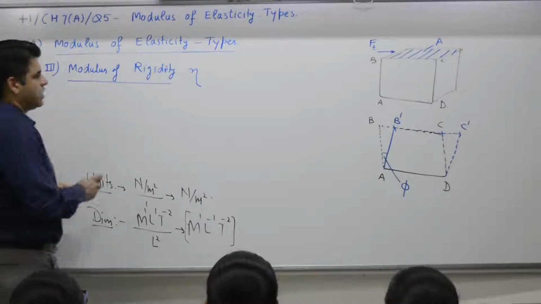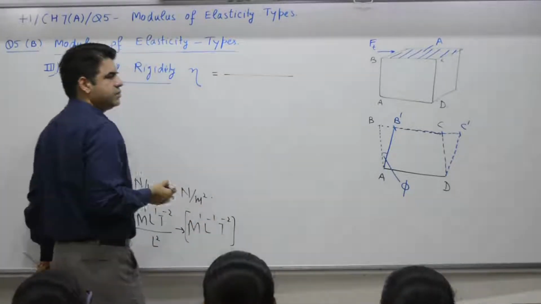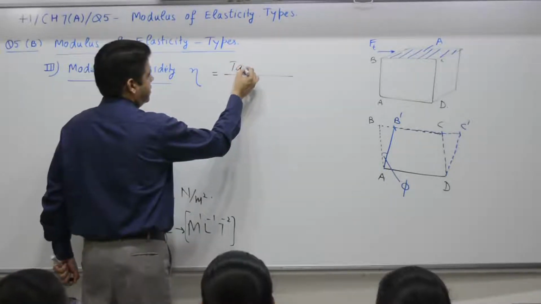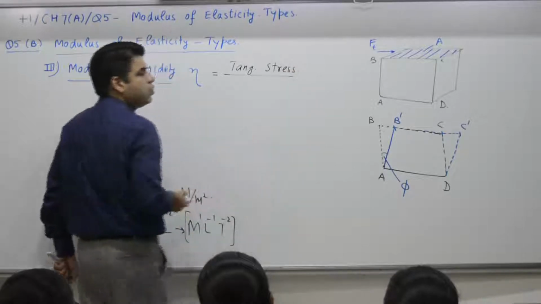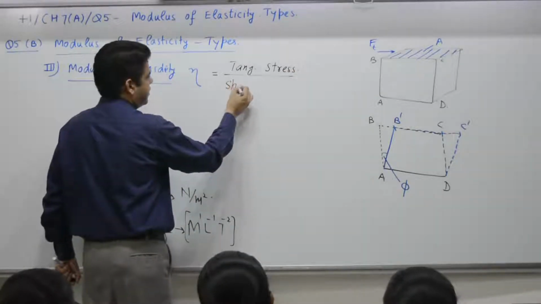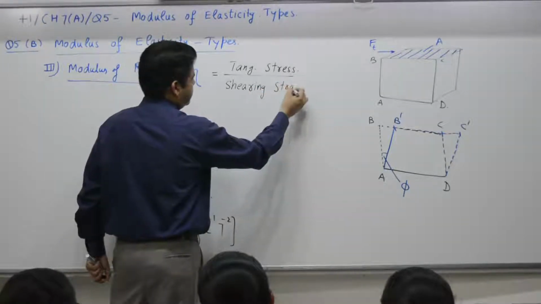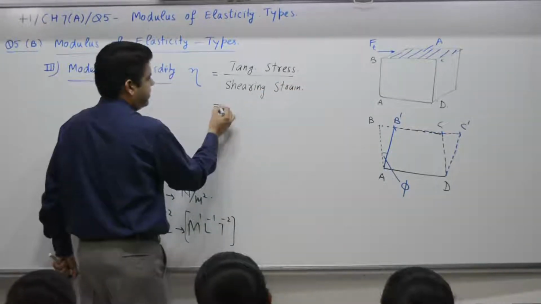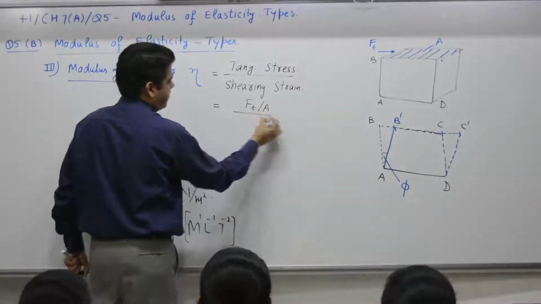Theta is defined as what? What type of stress? Ratio? Tangential stress to shearing strain. Tangential stress is force divided by area.